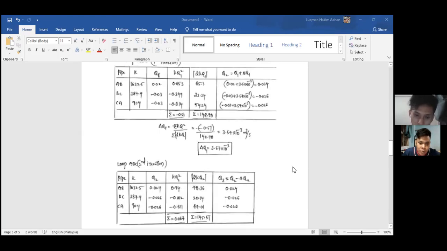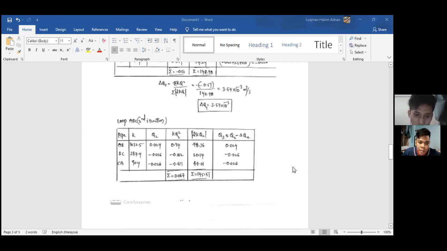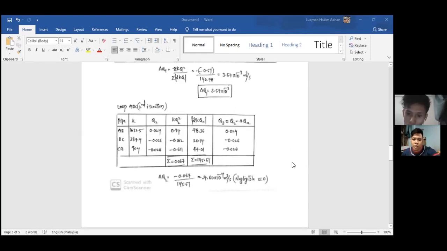And then for the second loop, which is AB, BC, and CA, we use the same equation to find the total of delta Q, and then we get the answer like in the figure that we have shown.